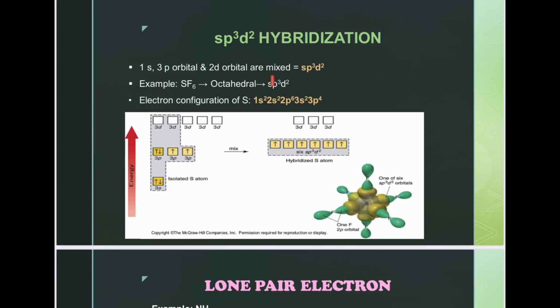So this is the orbital diagram for the isolated sulfur atom, 3s2 and 3p4, and the pairs of electrons here for the 3s and 3p. So one electron goes to this empty 3d and another one here, and they mix to become sp3d2, because they have 6 sigma bonds. And lone pair.